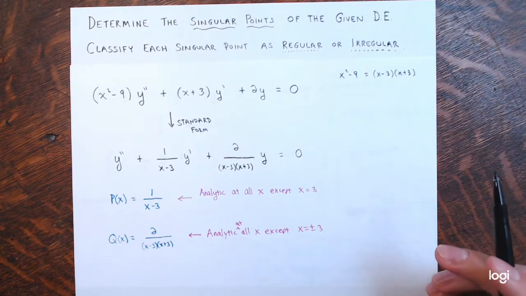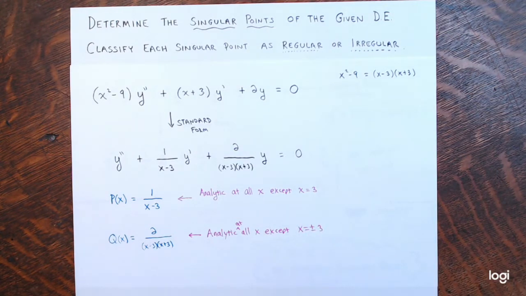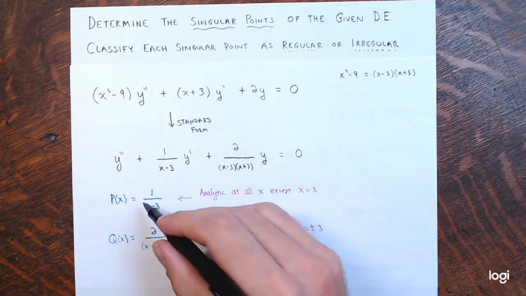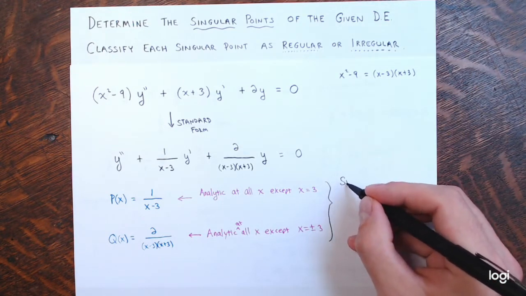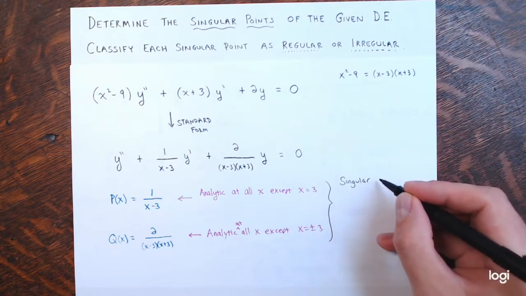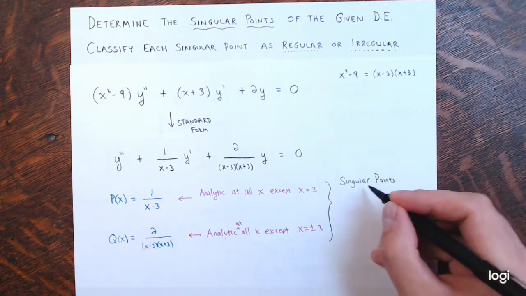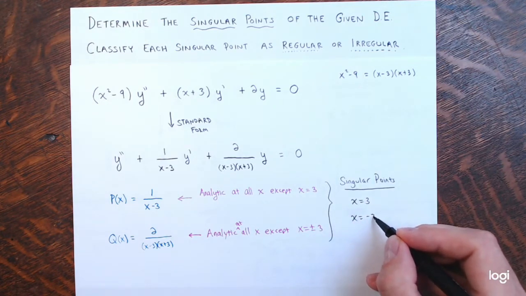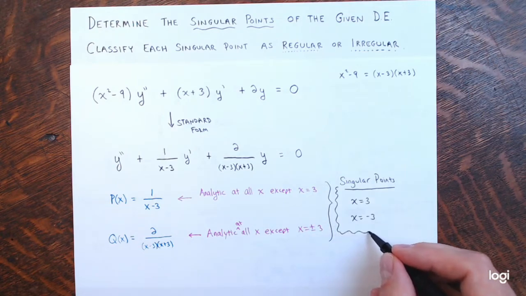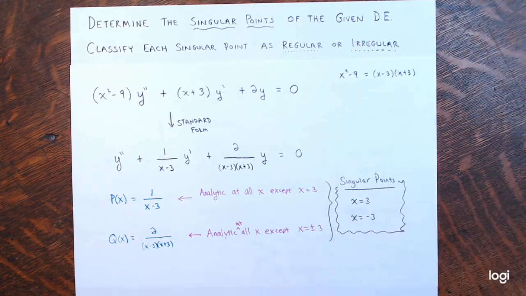So recall the definitions of ordinary point and singular point. If either one of these functions is not analytic somewhere, then that particular value is a singular point. So 3 and negative 3 are the singular points of this differential equation. So again, that's part 1, just identifying the singular points where P of x and Q of x are not analytic.